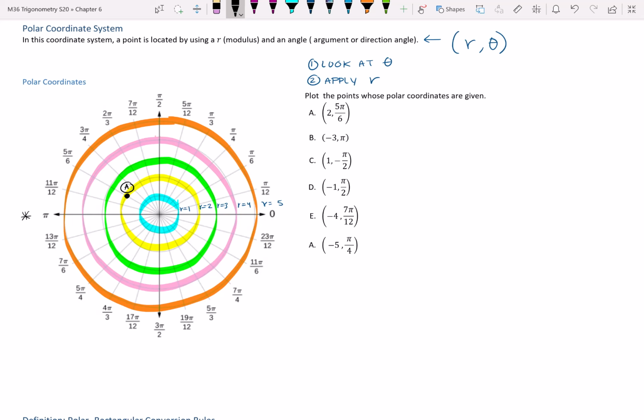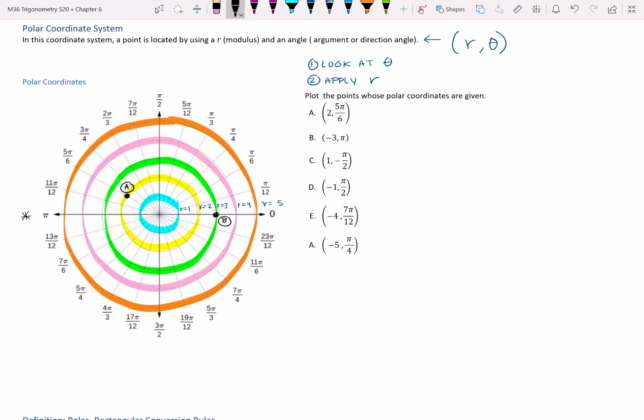Again, we only have positive R's, but what's happening is we're going to be on circle 3, which is my green here, along pi. But because my R is negative, I'm going to reflect it to the other side. And so now my point is going to be this point here. So this is B.